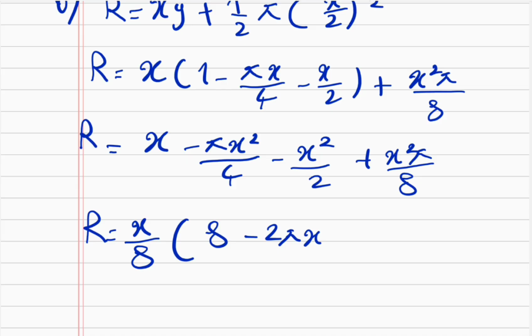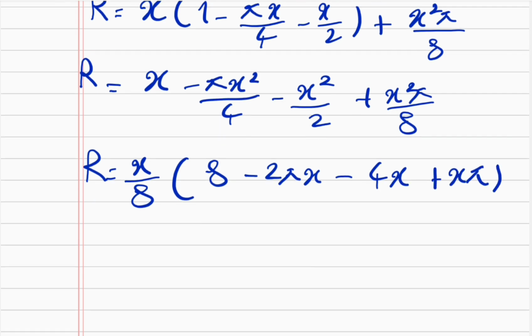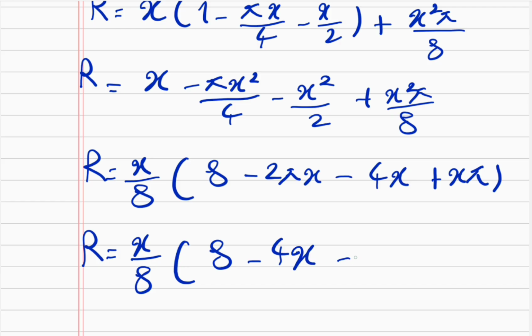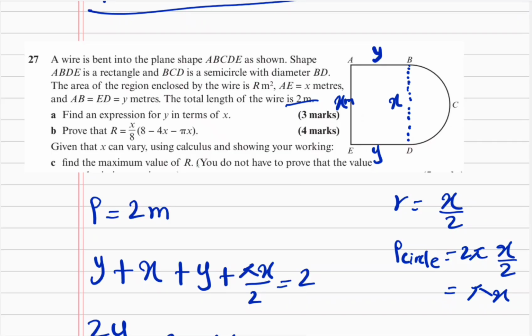For the next term we have minus 4x, and finally for the last term we just get x pi. So let's see if we can simplify any of these terms. We have pi x, so we can simplify that. So r is equal to x over 8 times 8 minus 4x minus pi x. And that's exactly what we wanted to show.